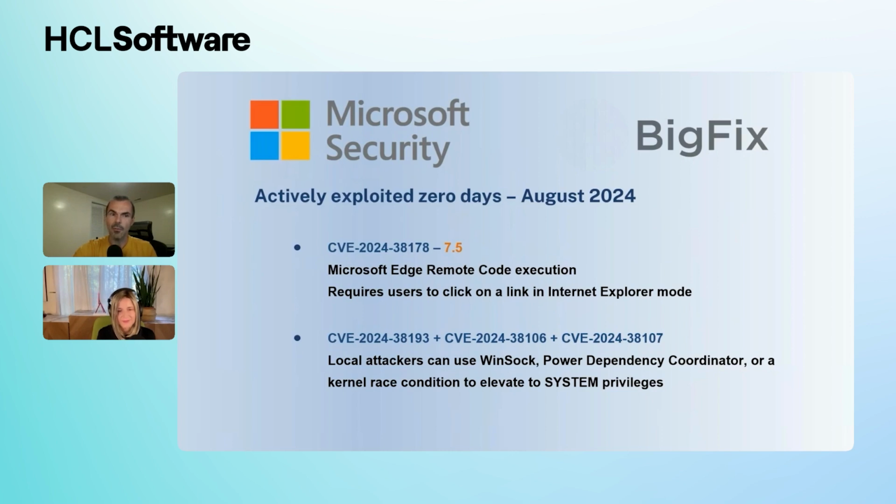So, probably a lot of legacy enterprises have some technical debt with their internet applications, and many of them are still using Internet Explorer mode. And this is just a really good reminder that tech debt is hard to get rid of, but sometimes it will protect you from some pretty nasty exploits like this.